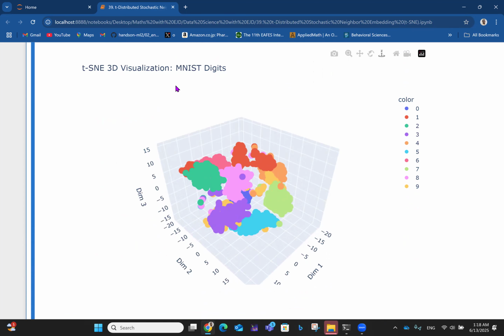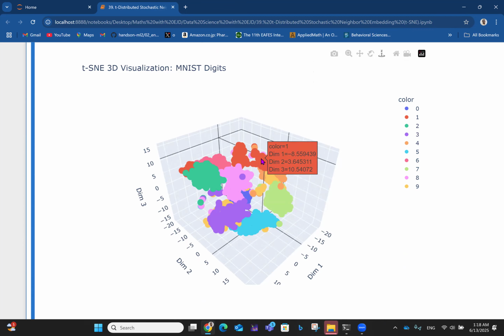For the MNIST digits data, you have the first dimension, the second dimension and the third dimension. Of course, these are arbitrary. And then we have all these possible clusterings, as you can see. This is color 2, this is color 7, with all those dimensions, giving you the values for each dimension.